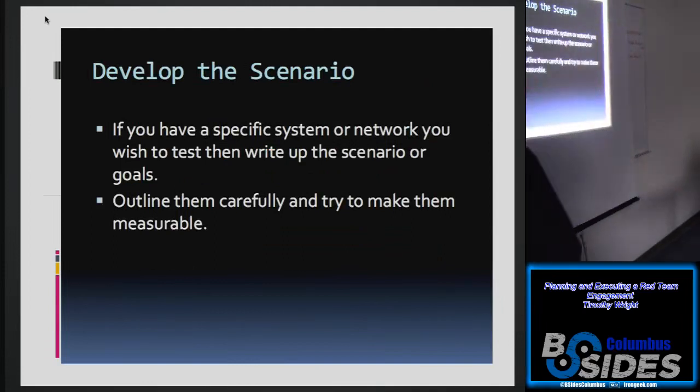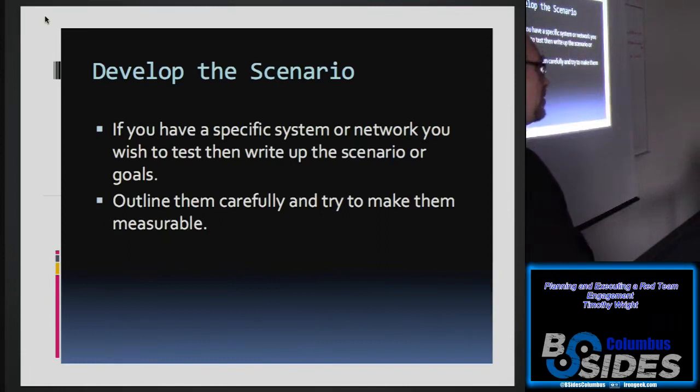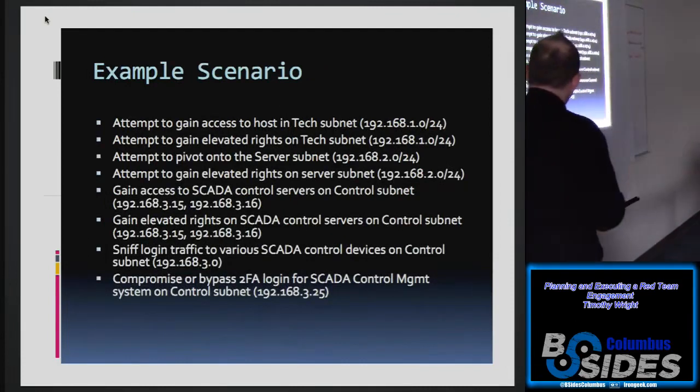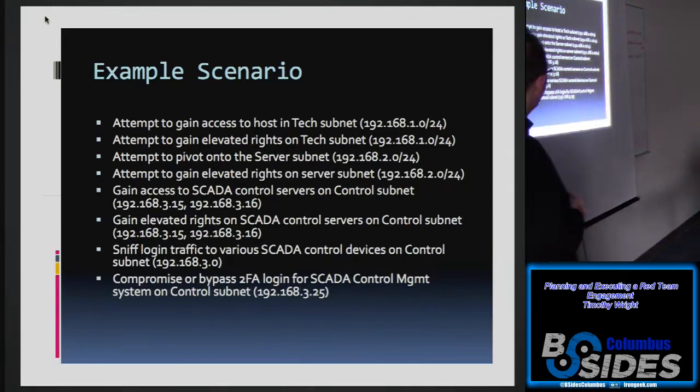So if you have a specific system or network you wish to test, then you can write up a scenario and goals. You want to make sure you outline these carefully, right? So you can actually measure them. So an example scenario here is we're walking through this test organization that I have developed. So first bullet, attempt to gain access to the host in the tech subnet. Gain elevated rights on that subnet.